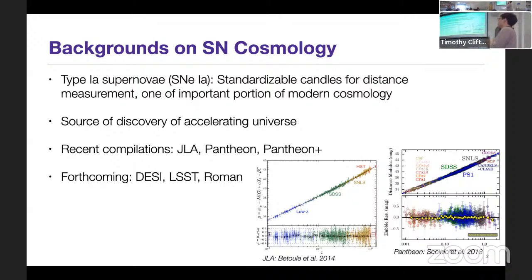There have been many compilations of Type Ia supernovae since the first Supernova Cosmology Project, and I have worked on recent compilations, including Joint Light-curve Analysis, and now I'm working on Pantheon Plus. But I'm going to show the results from the less recent ones, JLA and Pantheon, and I expect more compilations from forthcoming surveys, including DESI, LSST, and Roman.